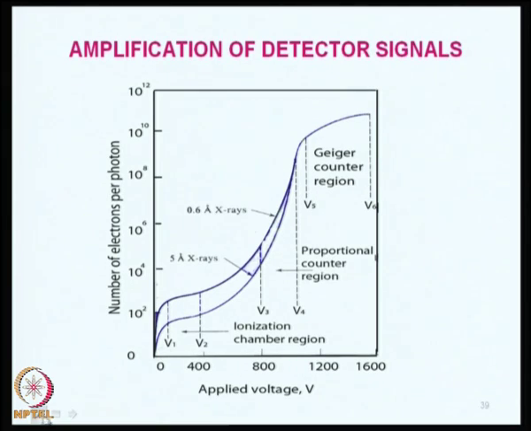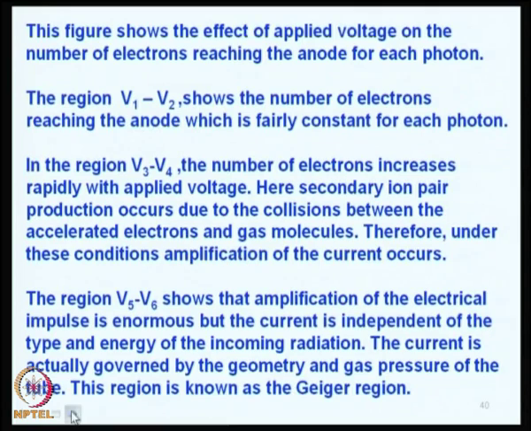In this region the number of electrons released increases rapidly with applied voltage, and here secondary ion pair production occurs due to the collisions between the accelerated electrons and gas molecules. Therefore, under these conditions amplification of the current occurs.